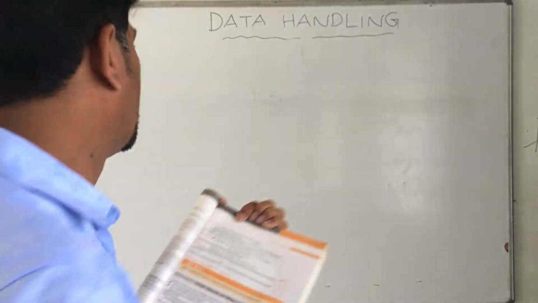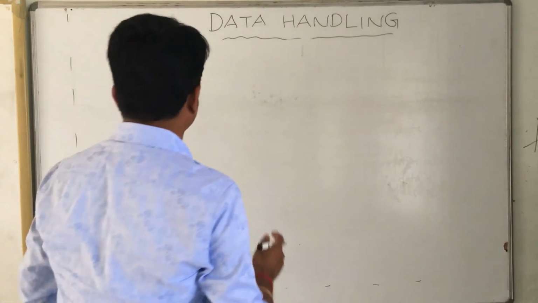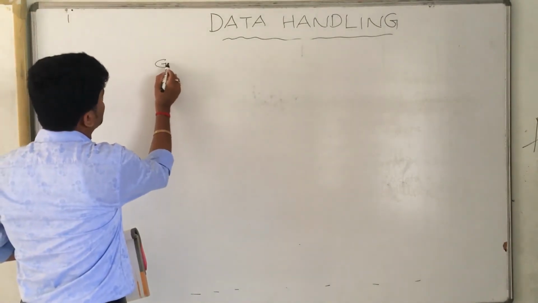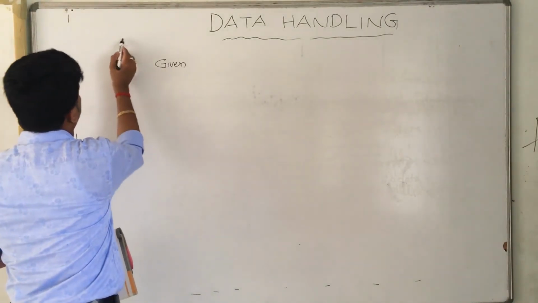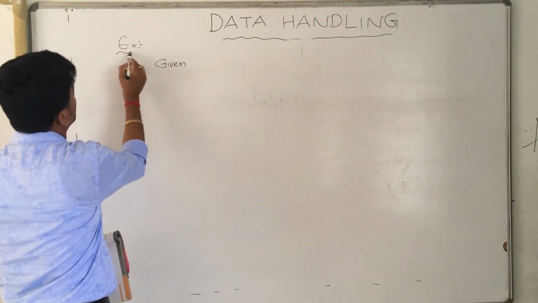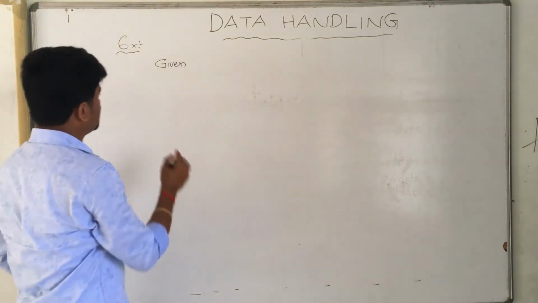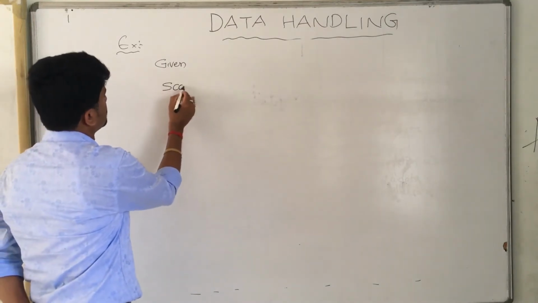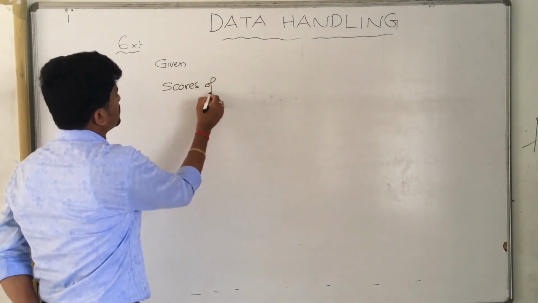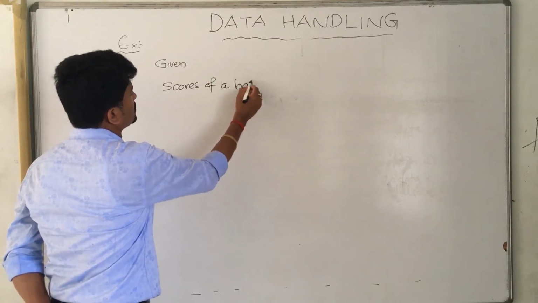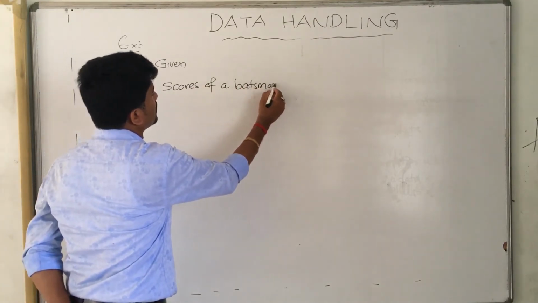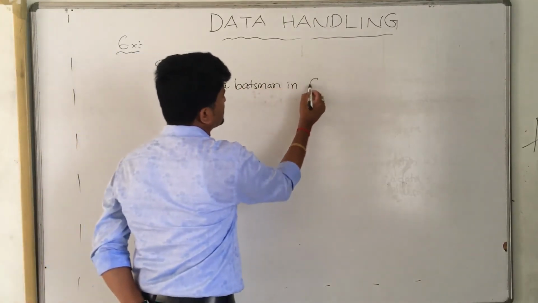Now, what is given? Scores of a batsman in 6 innings.